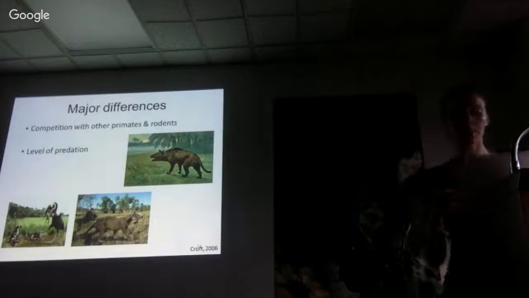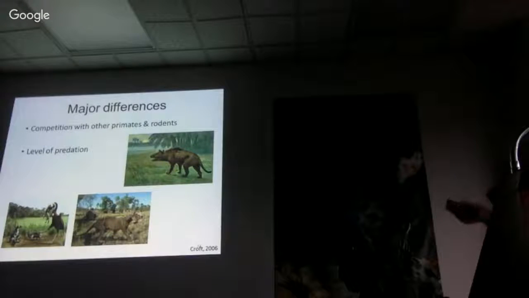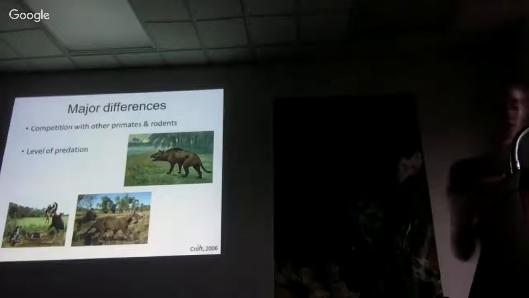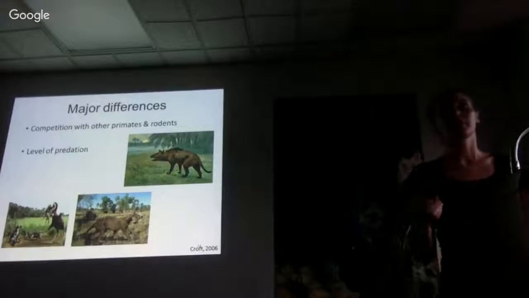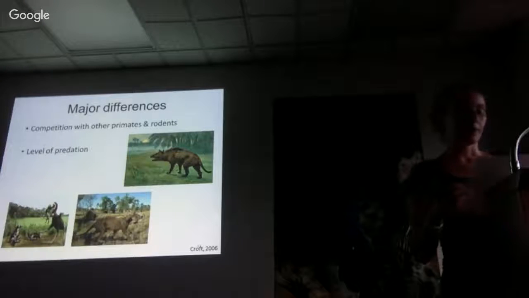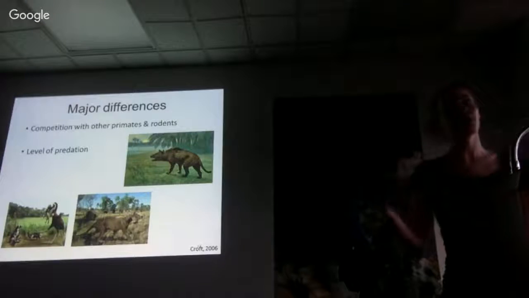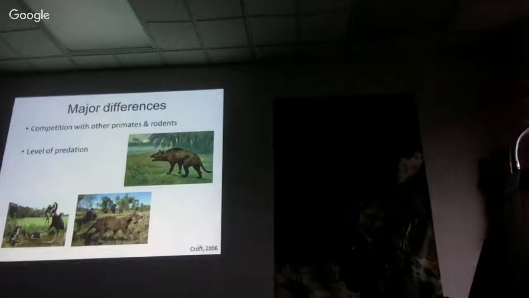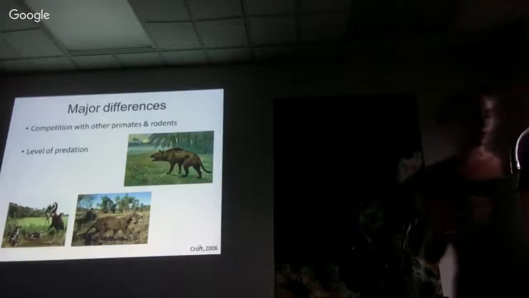Whereas in South America, there are some predators present with the carnivorous marsupials and these large terror birds, but their relative abundance is much lower. And people have already speculated that this has led to the caviomorph and platyrrhine groups to radiate a lot more freely, with less pressure than what's going on in Afro-Arabia.